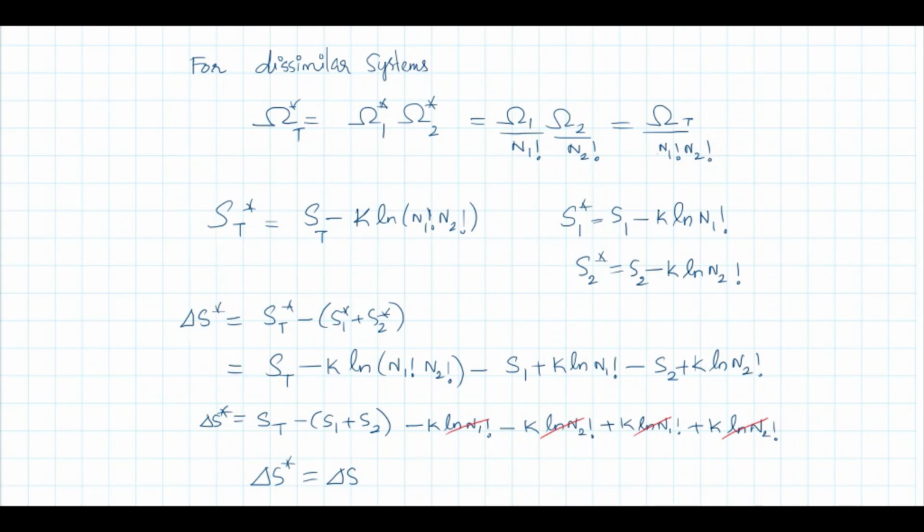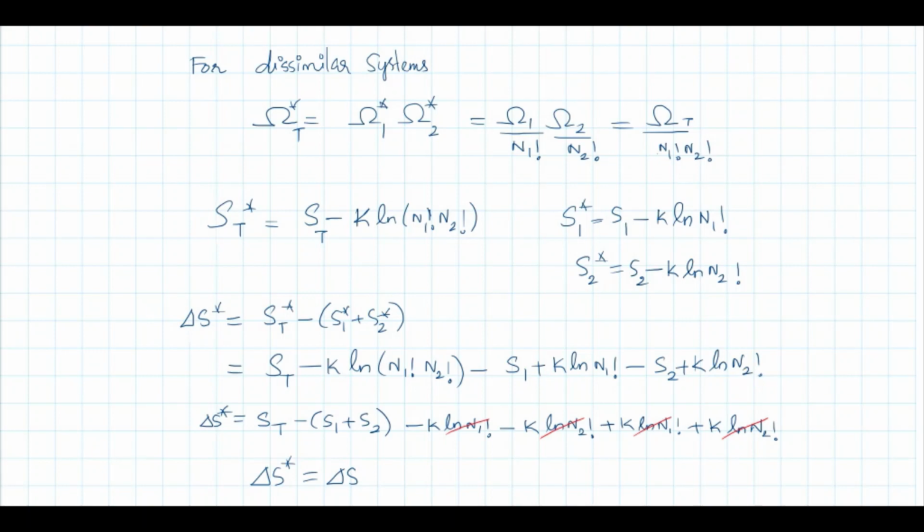It is equal to St minus k log n1 factorial, n2 factorial, minus S1 star, which is S1, this minus and this minus becomes plus k log n1 factorial, minus S2 star, which is S2, minus and minus becomes plus k log n2 factorial.